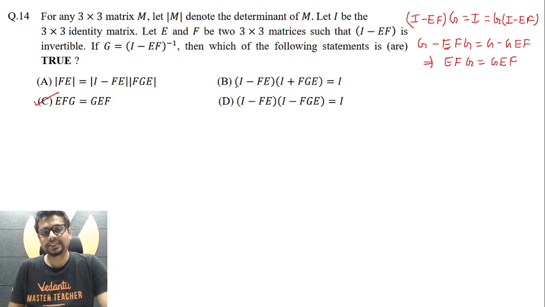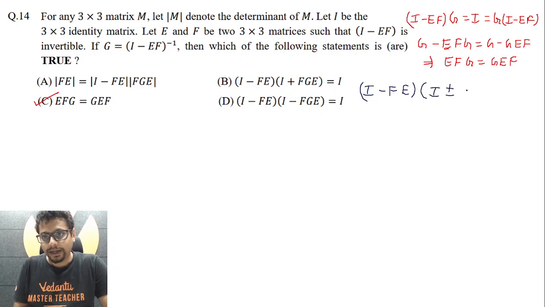Now let's first explore B and D options. Here if we see carefully, the right hand side is the same. The prefactor on the left hand side is also the same. The post factor on the left hand side has a difference of plus minus sign. So let's consider this left hand side and move ahead with both these options combinedly. Let's consider E minus FE times I plus minus FGE.